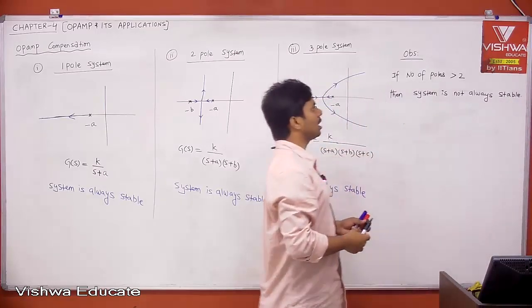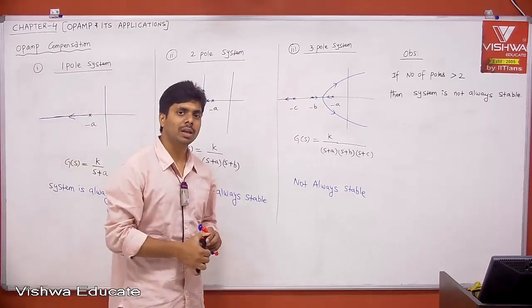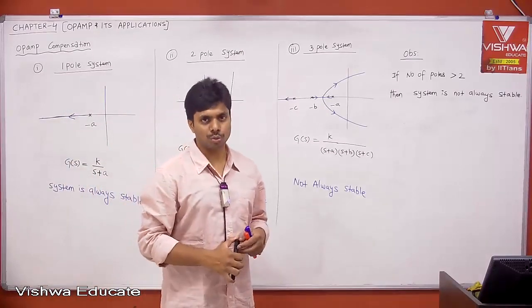Therefore, remember the total number of poles should be what? The total number of poles should be less than or equal to 2.